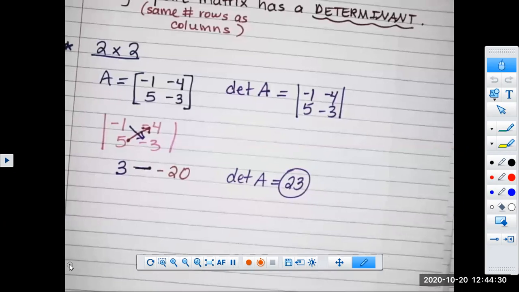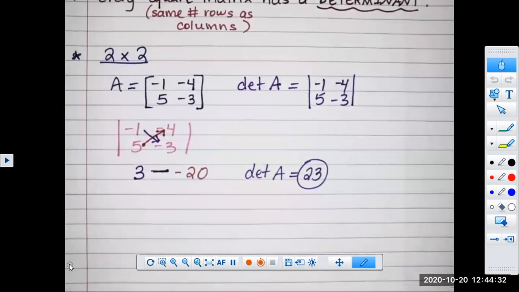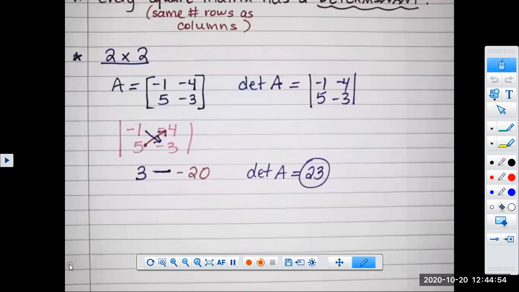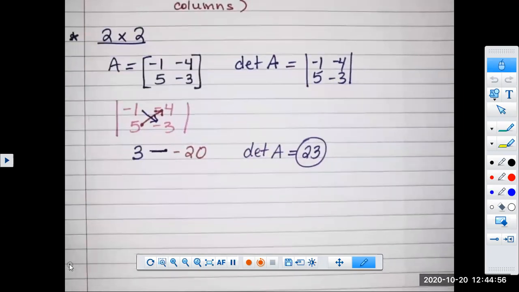The other way for solving systems with a matrix is putting all the coefficients in, which you're going to see in a minute, and then using what we call Gauss-Jordan elimination. It's long and tedious, and we save that for pre-cal. You'll do that next year in pre-cal. All right, questions about a 2x2?